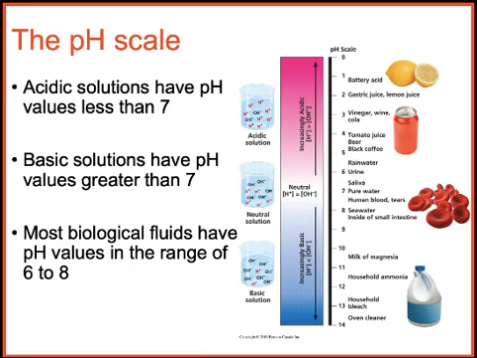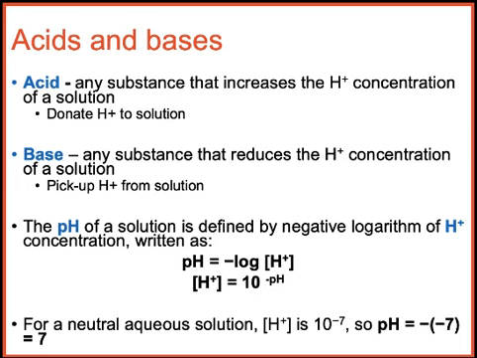So this is very important. Most biological fluids have pH values in the range of 6 to 8. Okay, so that's kind of the norm of where your pH should be, and if it's not, then that's really not good. So let's go again through some definitions. Acids, right? Any substance that increases the H plus concentration.